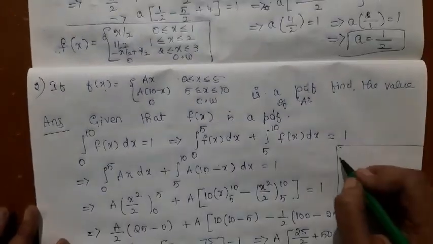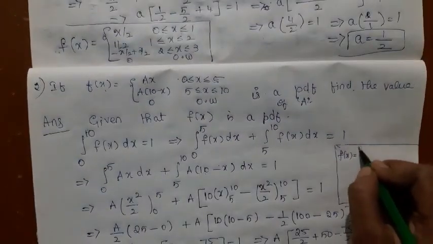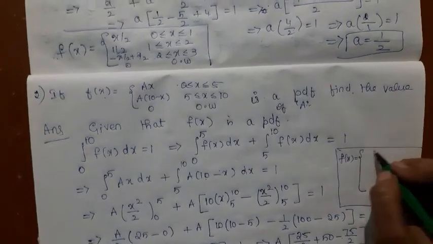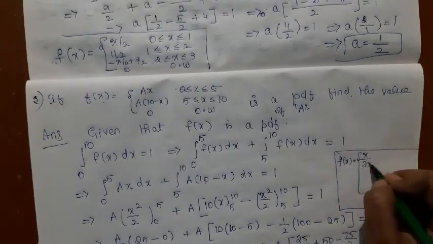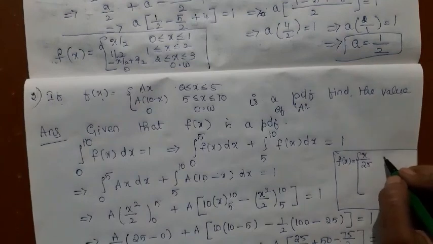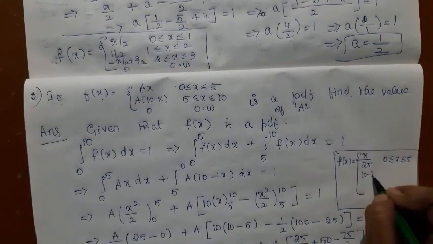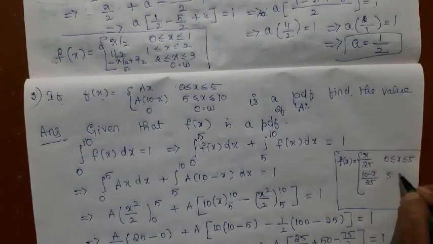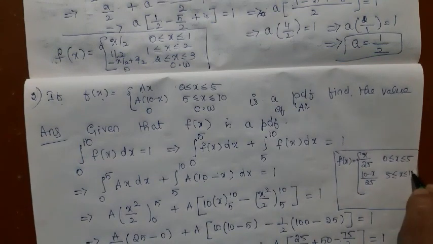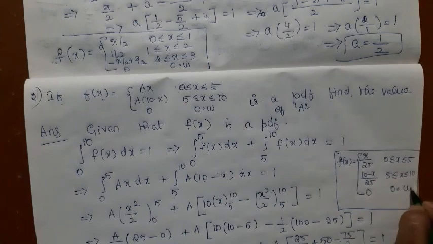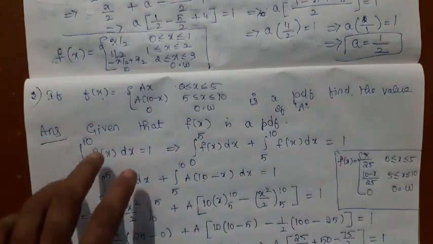You can say f of x is ax. What is a here? 1 by 25. So x by 25. I am substituting here, in the range 0 less than x less than or equal to 5, and 10 minus x by 25 in the range 5 less than or equal to x less than or equal to 10, 0 otherwise. This is how you summarize.